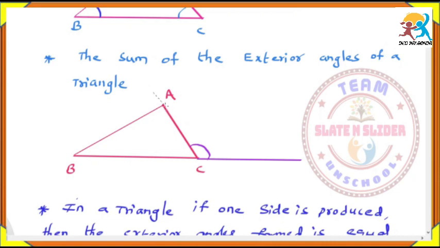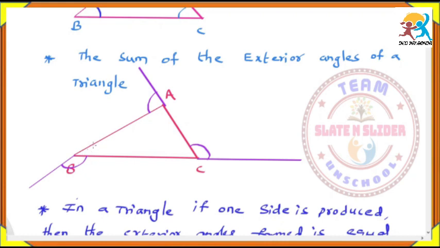So I am extending like this. Here we get one more angle. This is also an exterior angle, and produce AB downwards like this. So this is the exterior angle.